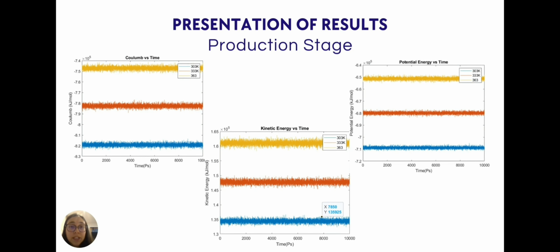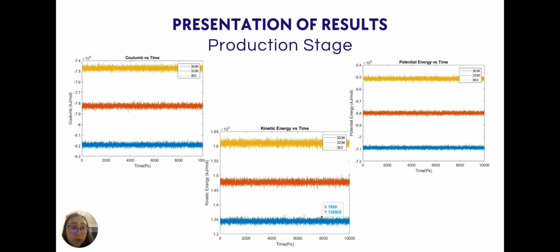In the second stage, we have the production stage, which refers to when we let the system free and all the molecules begin to move freely around the system.